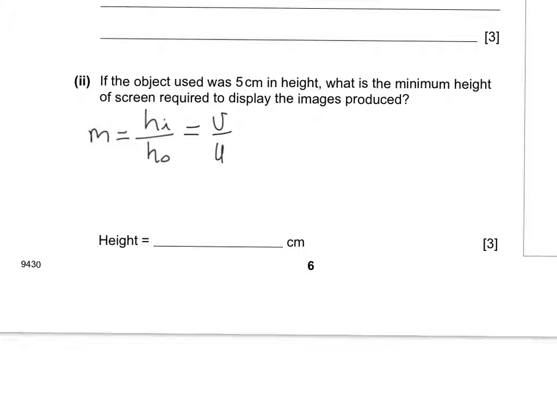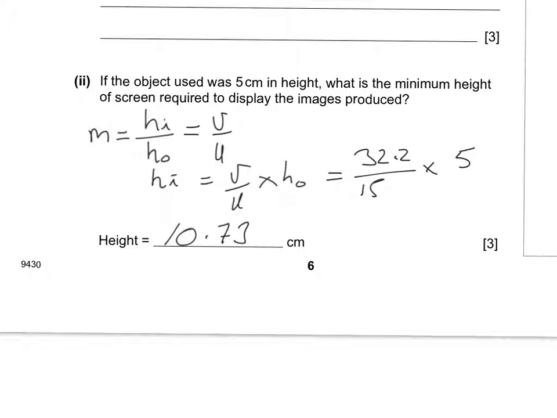So we need to fill that in. So the height of our image will equal V over U times the height of the object, so we just sub into that. And the worst case was 32.2 over 15, and we multiply that then by 5, and that gives us 10.73 with the 3's repeating.